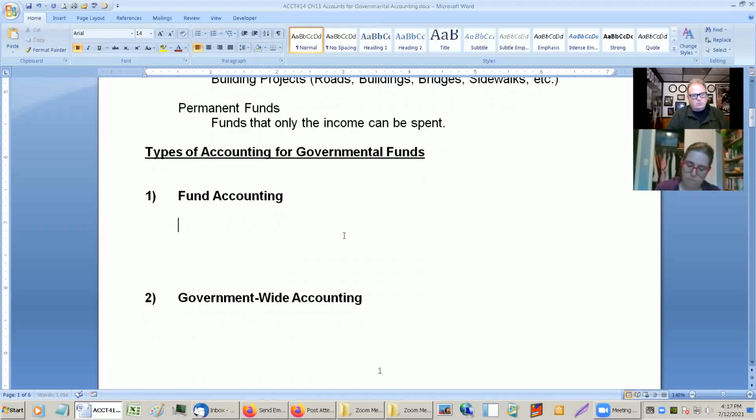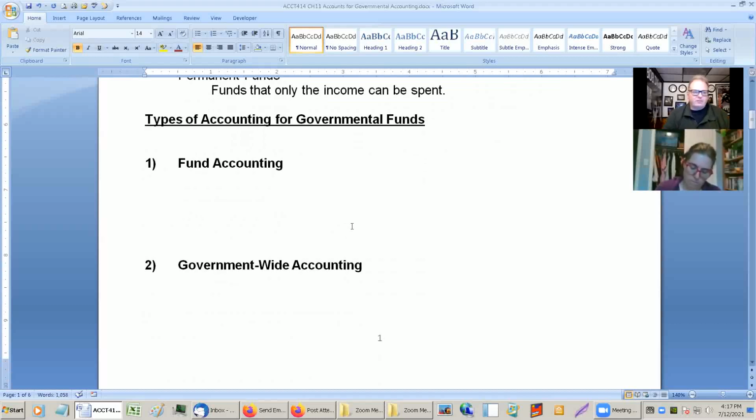So what's the overall characteristic of these? Fund accounting is like a checkbook. Checkbook, one word? I think one word. With a budget attached. So fund accounting is like a checkbook with a budget.